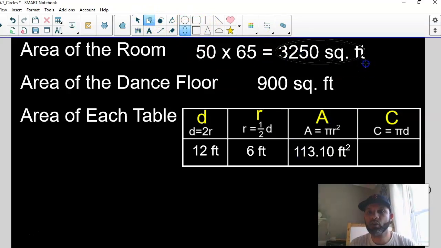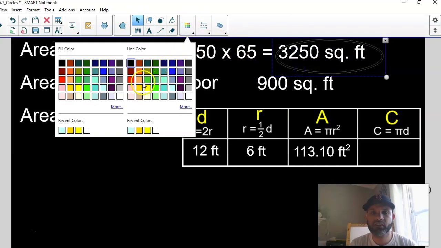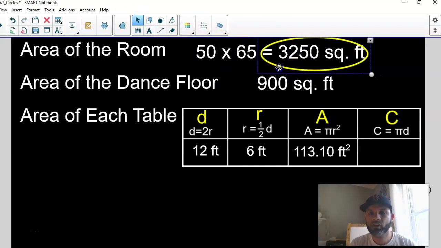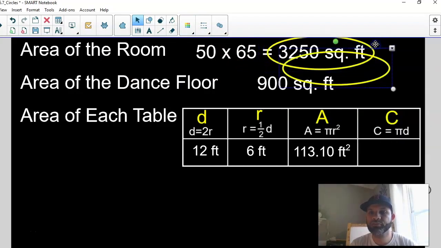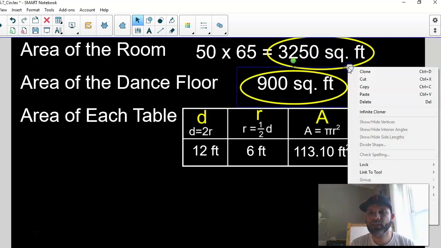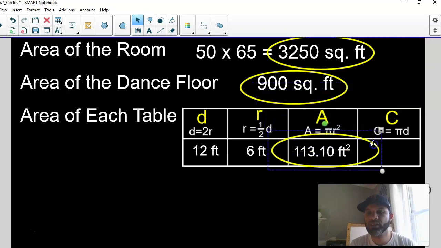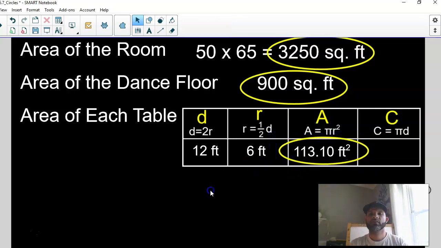Okay, so these are the numbers that we got to take into account. We know that the whole room is 3,250. We know that the dance floor is going to take up part of that whole room. It's going to take up 900 square feet. And then we're trying to figure out how many tables we are going to use. Each table is 113 square feet.